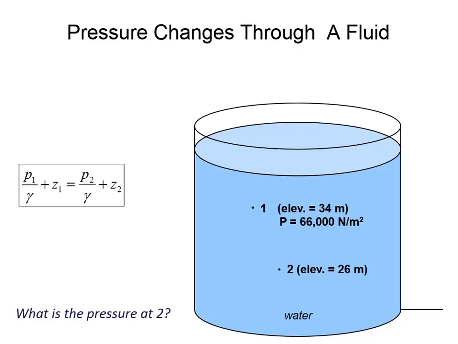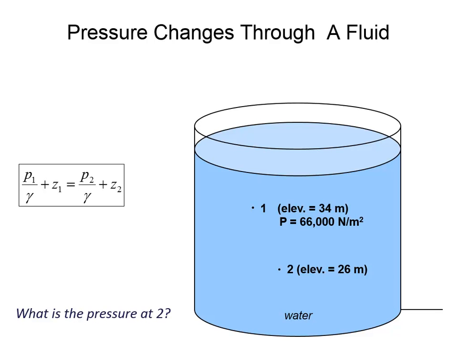P1 is given as 66,000 newtons per meter squared. Z1 is given as 34 meters. Z2 is given as 26 meters, and P2 is not known.